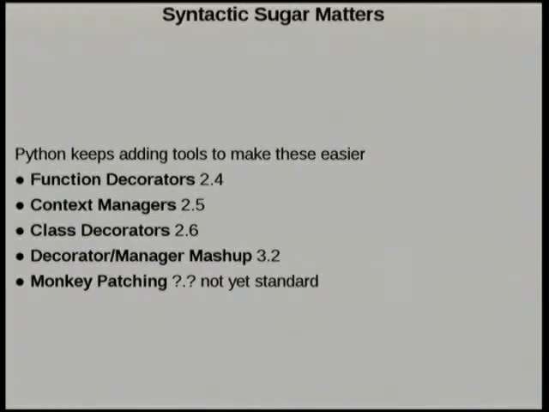So we have function decorators, which went in with 2.4. Context managers in 2.5. Class decorators in 2.6. I don't know of anyone who's actually using 3.2 in production yet. I don't even think I know many people who have downloaded it. But there's this very cool thing that's a decorator and context manager mashup that ships in the Python 3.2 standard library.